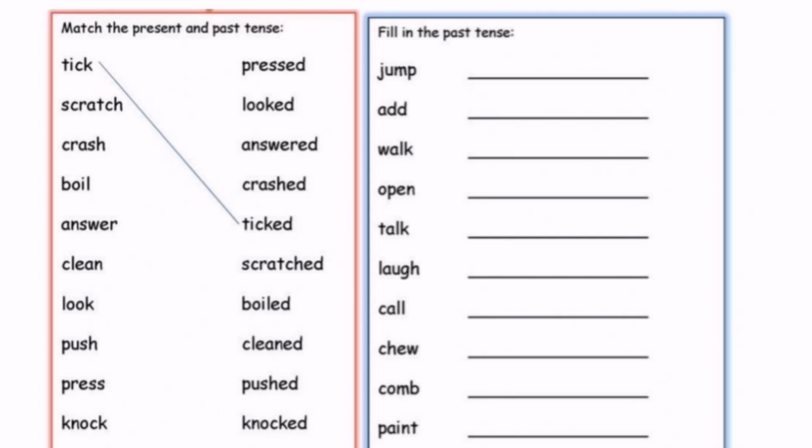We have tick, scratch, crash, boil, answer, clean, look, push, press, and knock. Next exercise. Fill in the past tense. You have here some verbs.